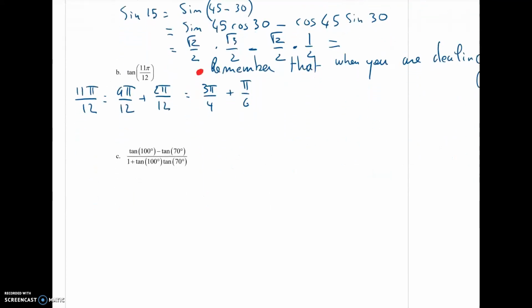This is why you have example number C. On example C, the only thing we are asking you is to realize that what you have in front of you is mainly tangent of 100 degrees minus 70 degrees, which is basically tangent of 30 degrees.